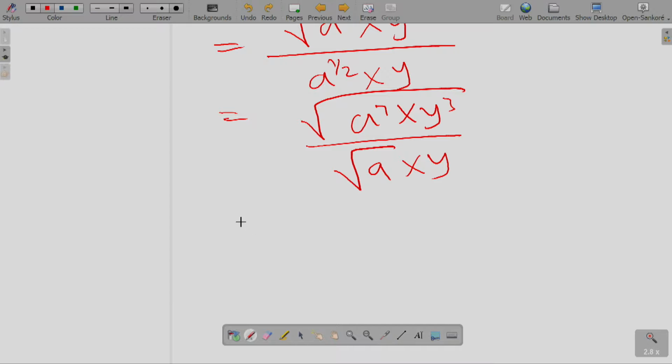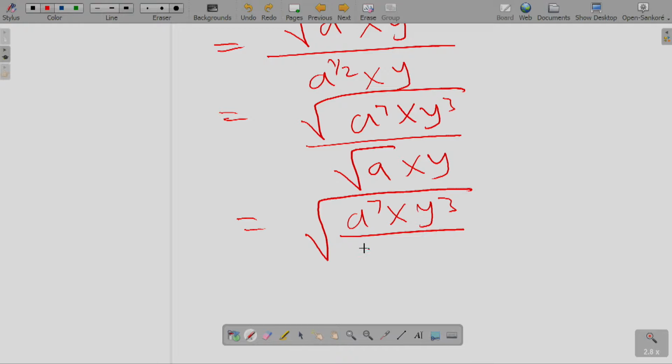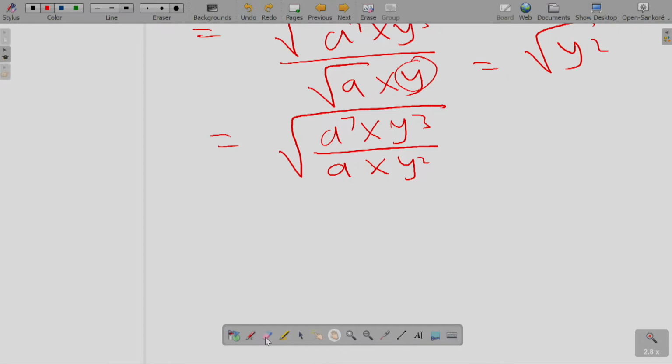Let's simplify more. We can write it as a to the power 7 times y cubic over a times y square, since y is equal to the square root of y square. So we put it in the square root and combine everything together.